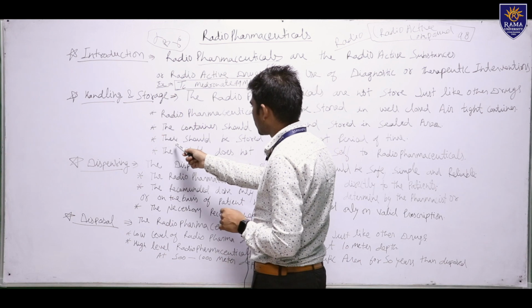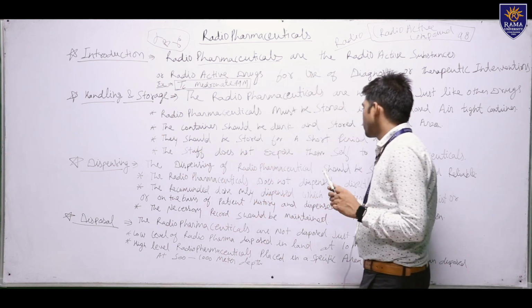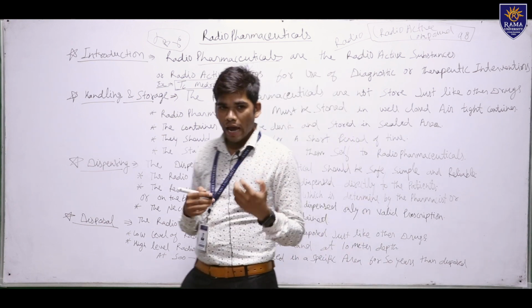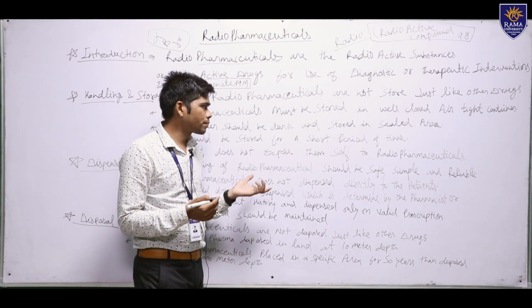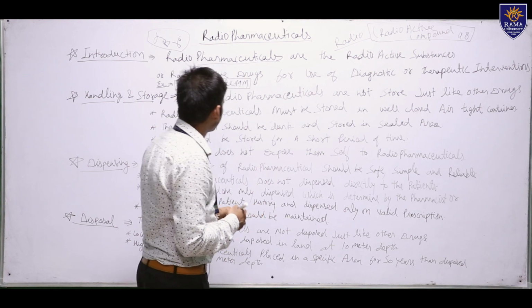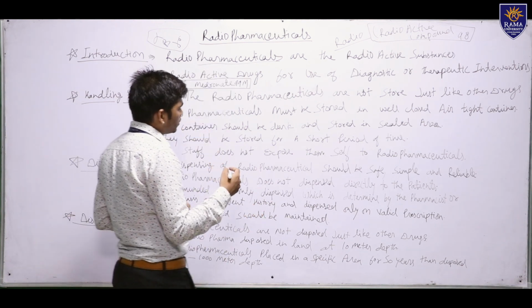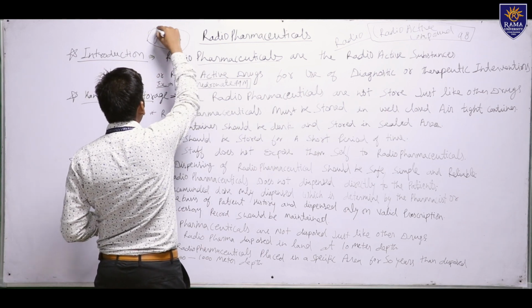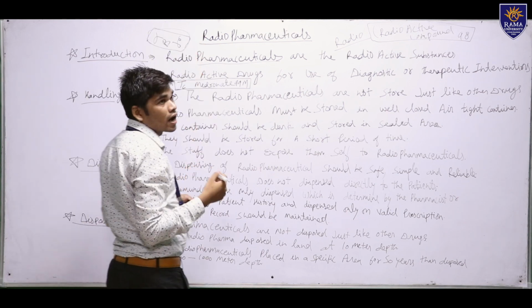The next point is that they should be stored for a short period of time, because if stored for a long period, they may emit high levels of alpha, beta and gamma rays.